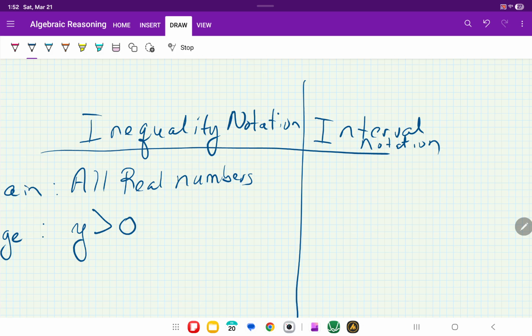All right, so all real numbers, we can never get to positive infinity or negative infinity, so we put in parentheses. Anything that is not included always gets a parenthesis. So we're going to go from negative infinity to positive infinity. Now, if your keyboard does not have an infinity symbol, you can also write that as negative INF period, comma, positive INF period.